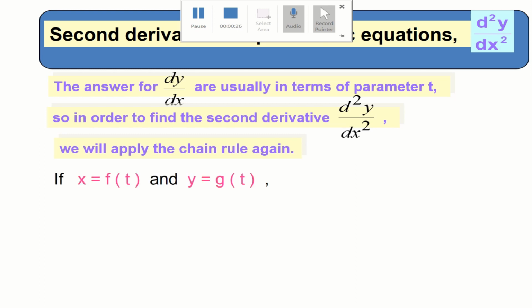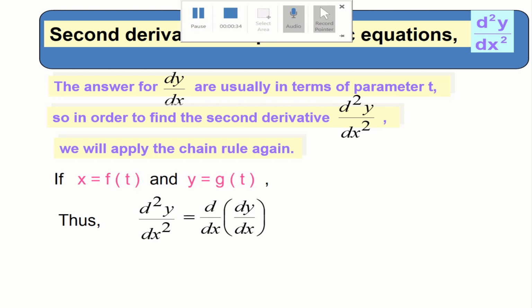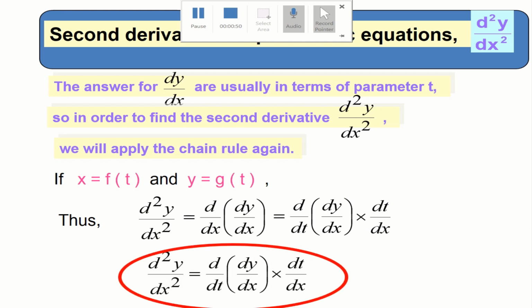If x equals f(t) and y equals g(t), then the second derivative of y with respect to x, we differentiate dy/dx with respect to x, equals differentiating dy/dx with respect to t, multiplied by dt/dx.